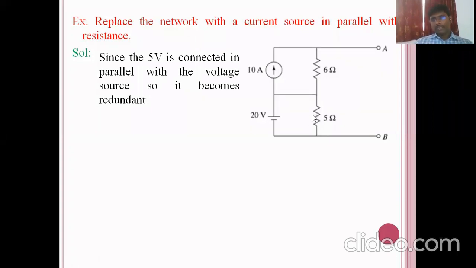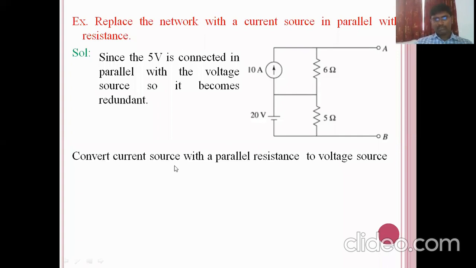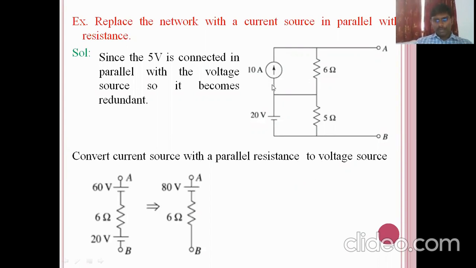So here you simply convert this 10 amp and 6 ohm current source with parallel resistance into an equivalent voltage source. Here, I is equal to 10 and R is equal to 6.